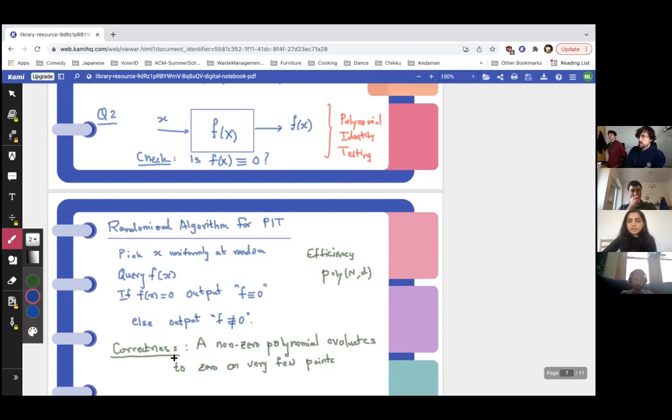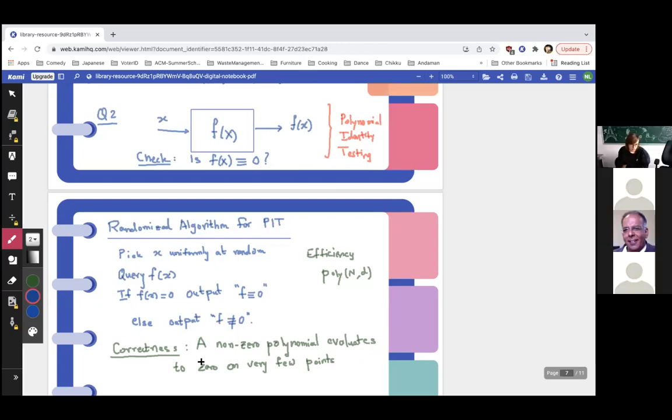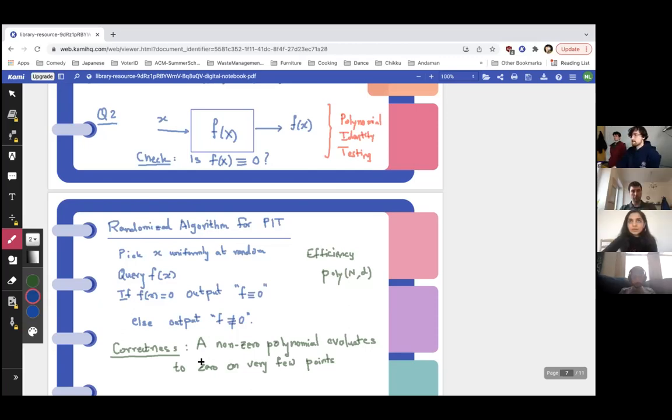Its correctness is very easy to argue, because if you look at a univariate polynomial, we know that if the polynomial is 0, of course, wherever you query it, it will be 0. But if it's non-zero, then there are at most d plus 1 points where this polynomial is going to be 0.